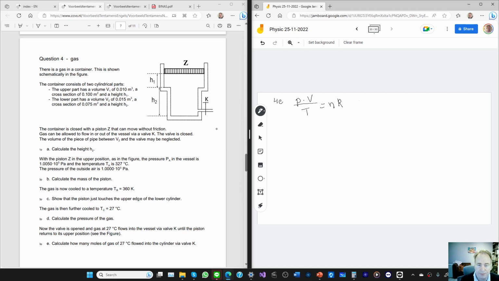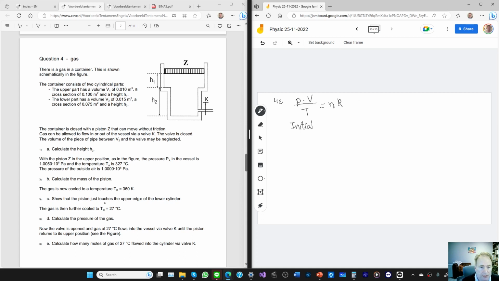And for the initial state before the valve opened, we can use either state A, state B, or state C. Actually, let's just take state A, since all the information is here.